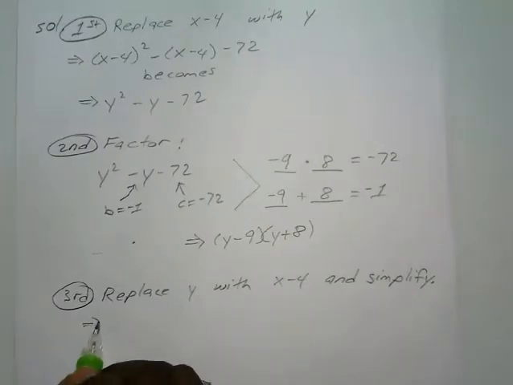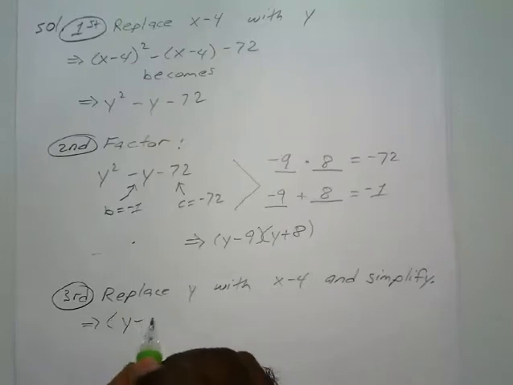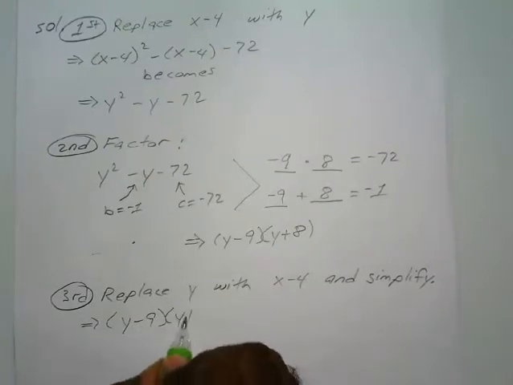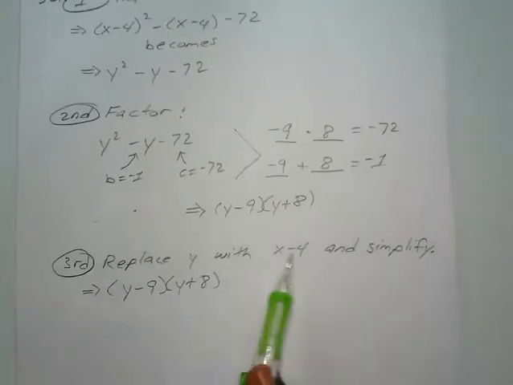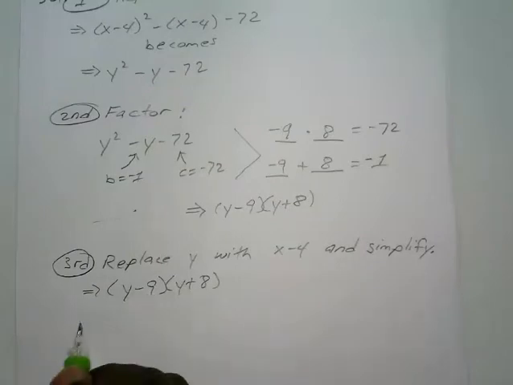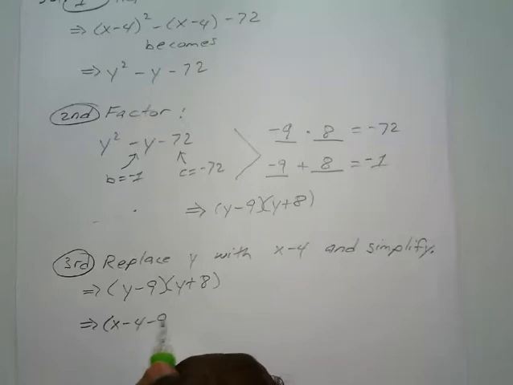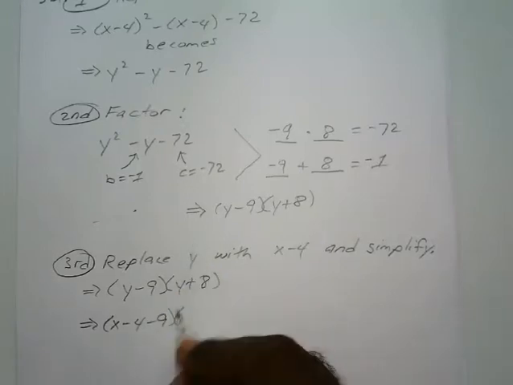Okay, so y minus 9 times y plus 8. We replace our y with x minus 4, so that'll be x minus 4 minus 9, and x minus 4 plus 8.